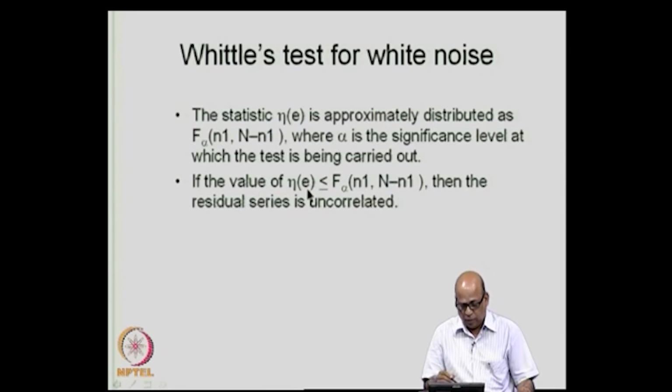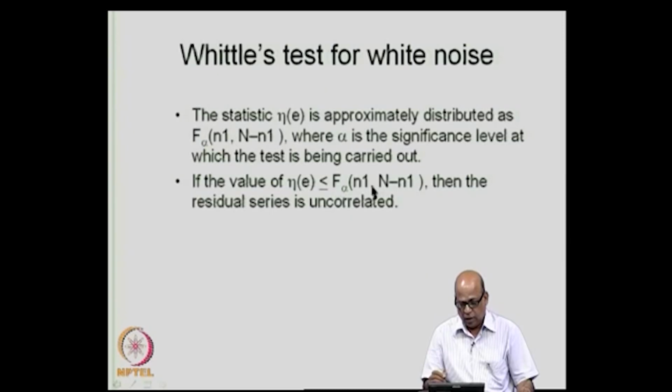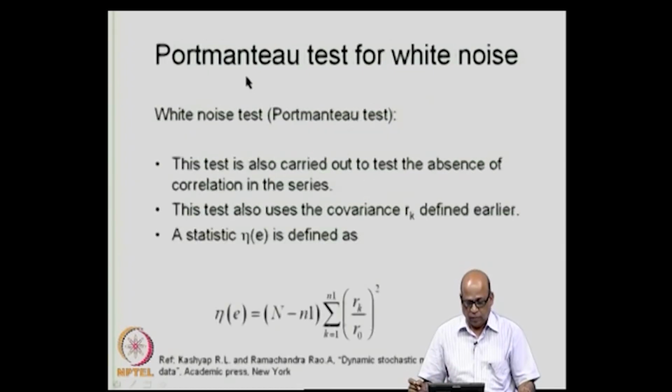If the value of eta_e that you calculate is less than F alpha, then the residual series is uncorrelated. So, this is what we do for the white noise test. White noise means the series is uncorrelated. This is called Whittle's test.